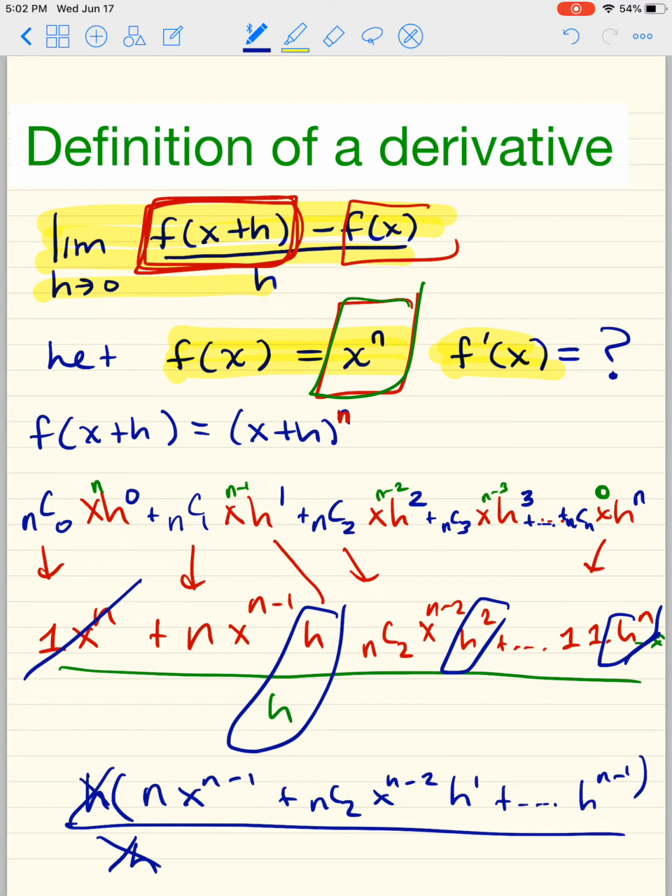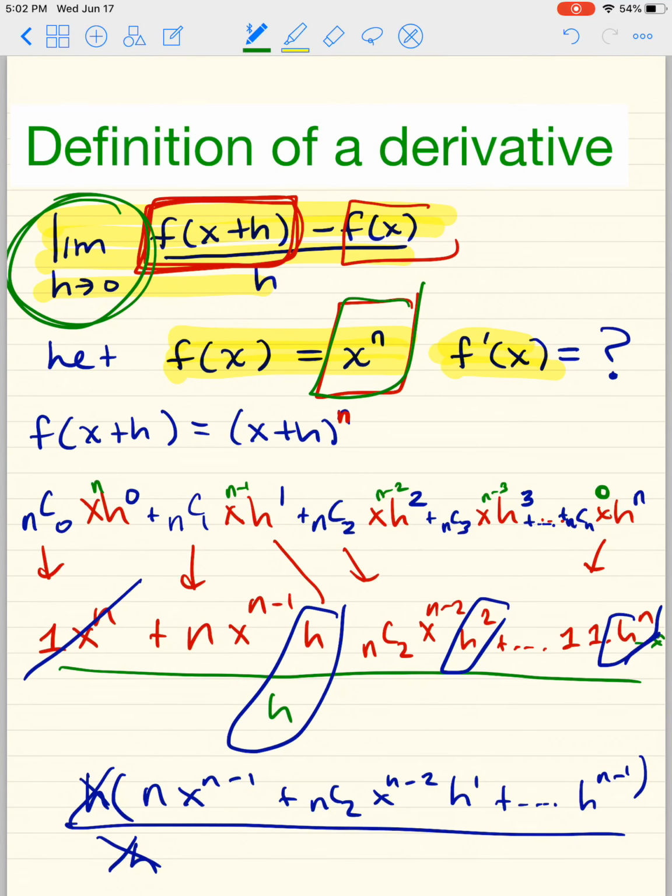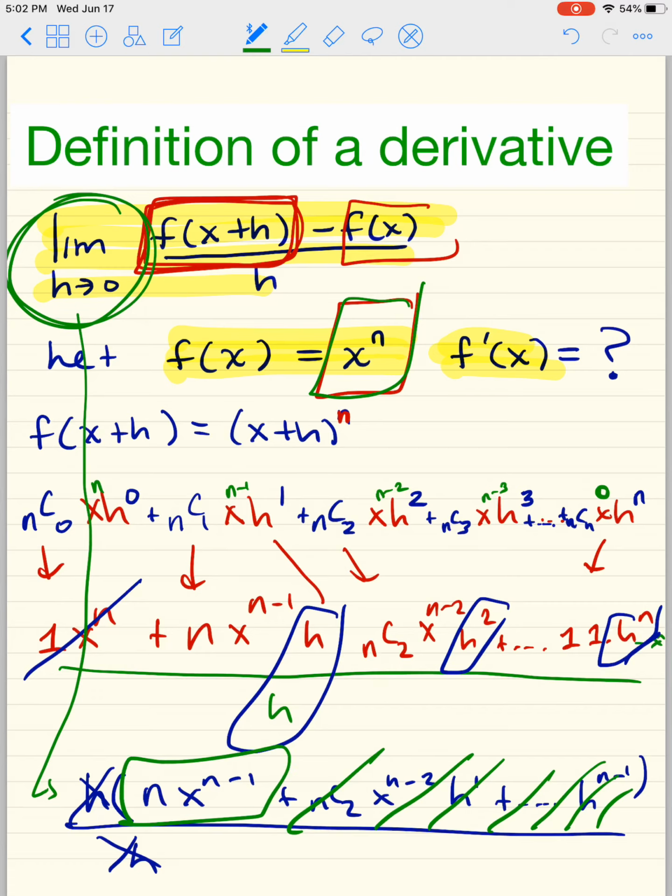That crosses off. If you apply your limit as h goes to 0, every single term except for the first term has an h in it. The only one that doesn't have an h is the first. Therefore, your derivative is going to be n x to the n minus 1.